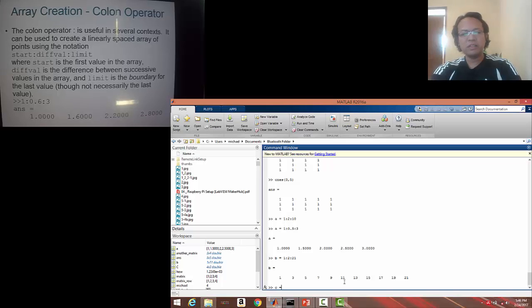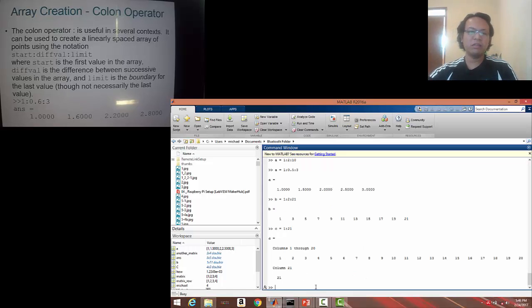But another thing is, if you say C is equal to 1 to 21 with no interval, by the way, I mean the difference value here at the center, the default is 1. So when you hit enter, you get 1, 2, 3, 4, 5, something like that, because there's no common difference, and then the default is 1.